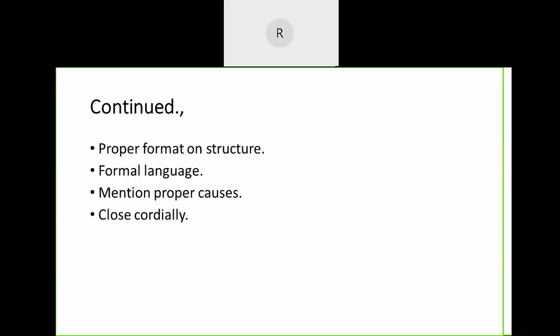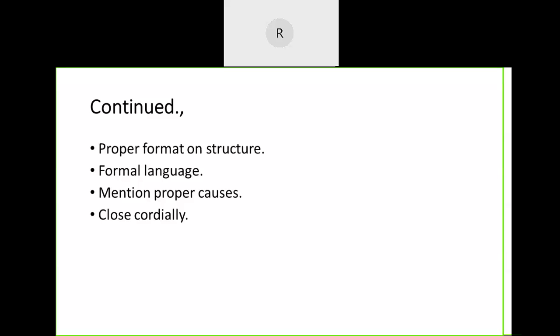Next point is, we must mention the proper reasons why we are writing and why we are inquiring. We must highlight the reasons for the inquiry, why we are gathering the information from the party. It has to be clear.